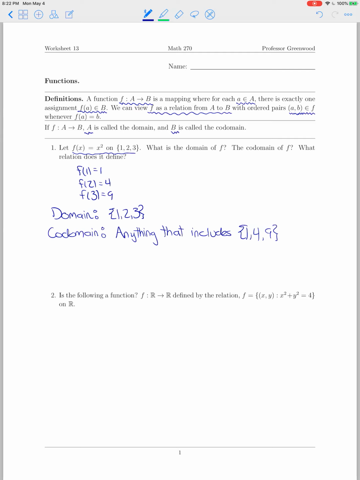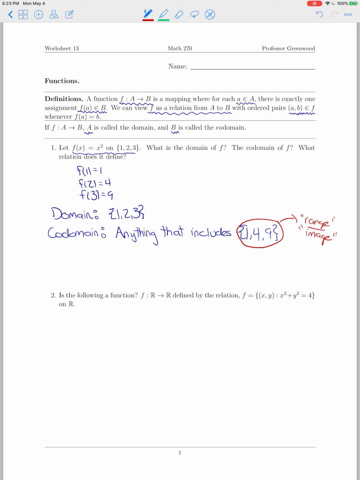But it couldn't be the set that just contains 1, because then 2 wouldn't have an assignment in this set. If we did want to talk about the exact set of outputs, this {1, 4, 9}, then we could refer to it either as the range or as the image of the function. We'll talk about that more in a minute. Your textbook uses the term range, but other sources often use the term image.